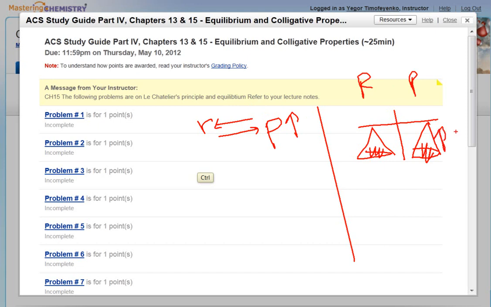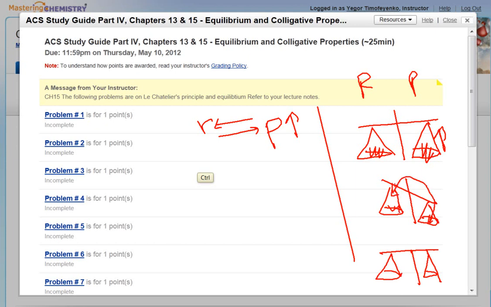When we increase the concentration of the product, the reaction is again going to be out of balance. The balance has to be restored to a point where it was just like before. The only way we can do that is to take the heavier part and move it to the other part. So if we increase the concentration of the products, the reaction is going to shift to the left to make more of the reactant.